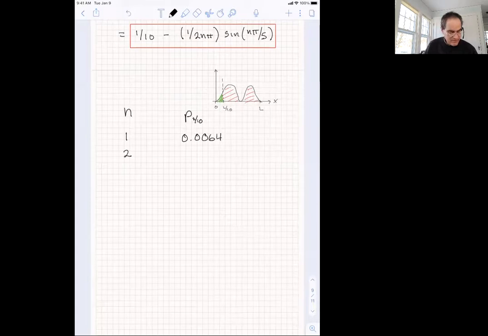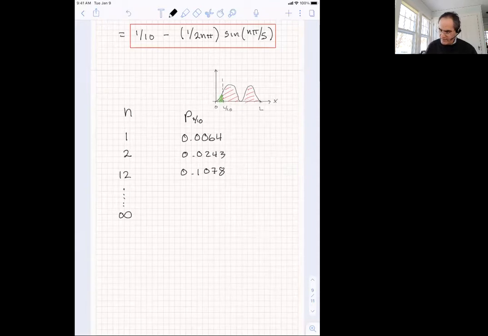For n equals 2, we get 0.0243. Skipping a few values here, for n equals 12, we get 0.1078.